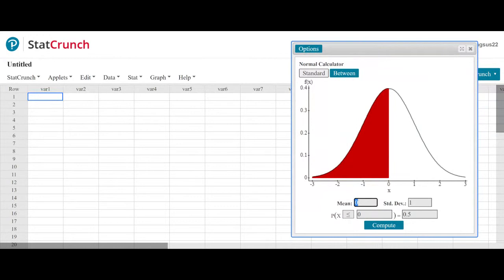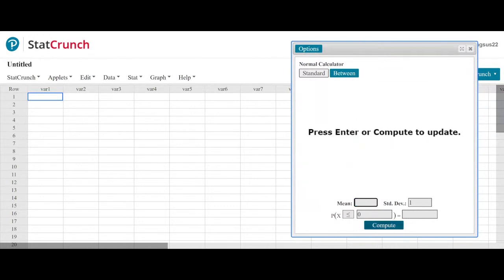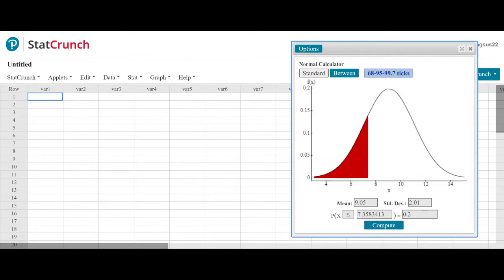I'm going to put in my mean of 9.05 and my standard deviation of 2.01. I'm going to take that number out of that box because that's what we're looking for, and I'm going to put the 0.2 in the answer box, and I'm going to hit compute, and I'm getting the answer 7.36.